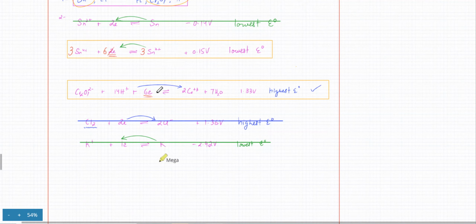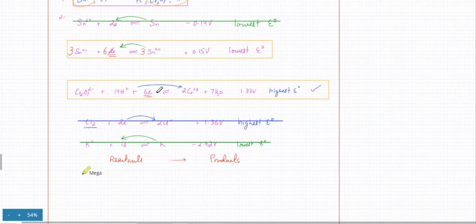And then the last step is you add up the reactants and the products.